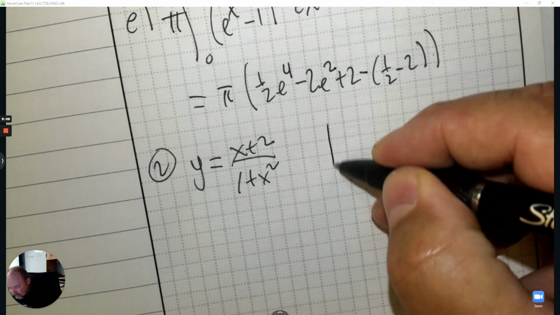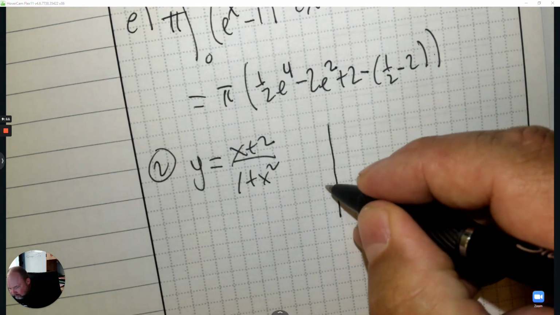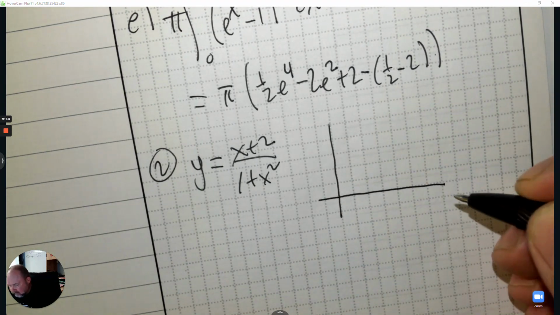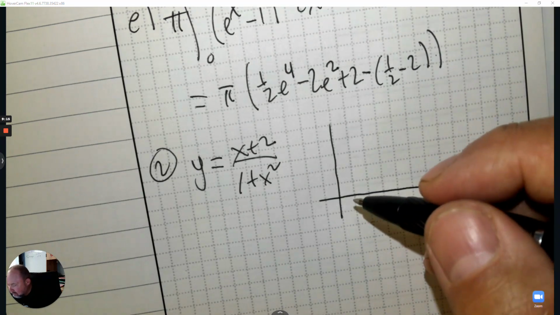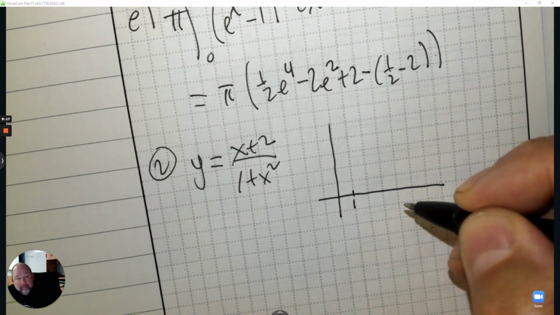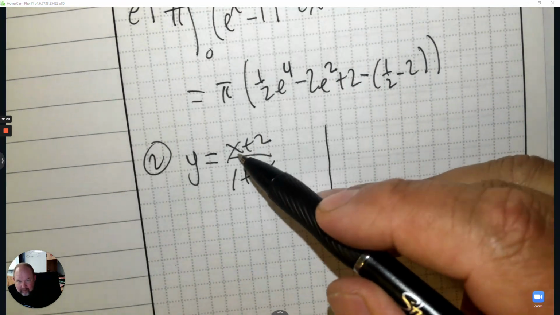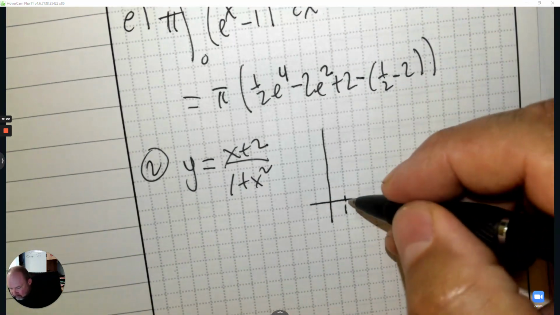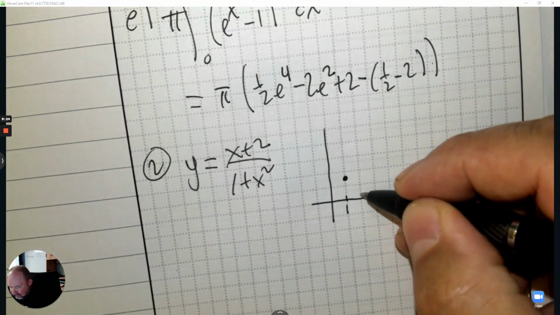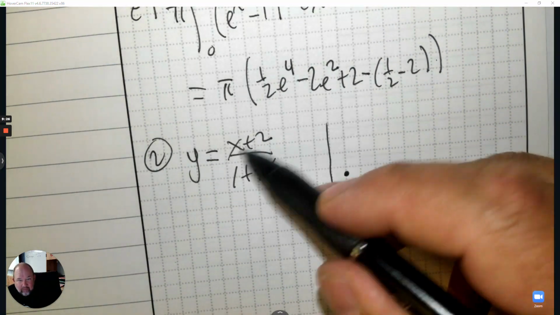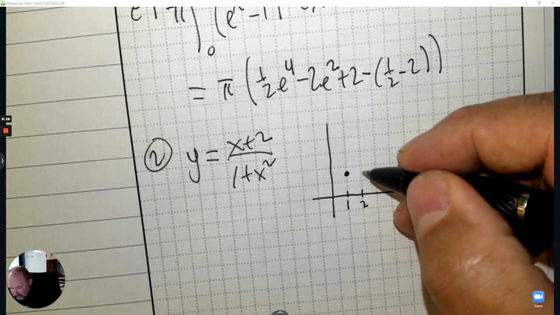So, what would happen if I had just a bit of a sketch here? If I plug in 1, I get 3 over 2. That's 1.5. If I plug in 2, I get 4 over 5, which is a little lower.